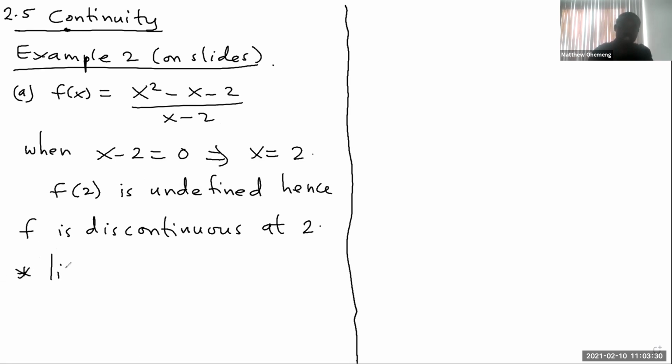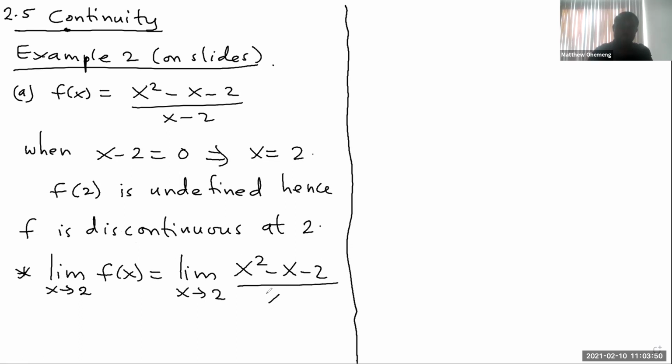Let's check the limit as x approaches 2, since it's the candidate that we got, the point that we are investigating, where it is discontinuous. If you take the limit as x approaches 2, you have the expression x squared minus x minus 2 over x minus 2.